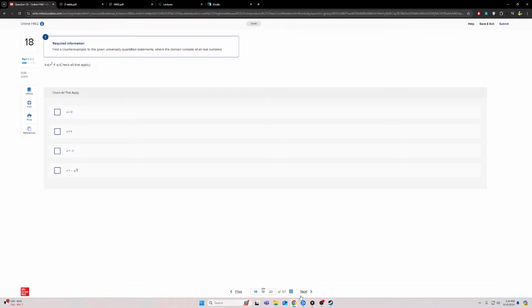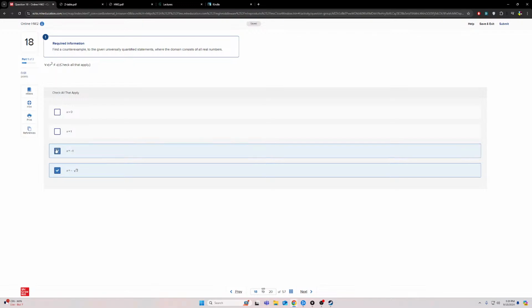No, it's not. Because this would be 2. 2 does not equal negative square root of 2, so that's true. That one's true. That one's not true. Yeah, this one's really only true for 1 and 0.